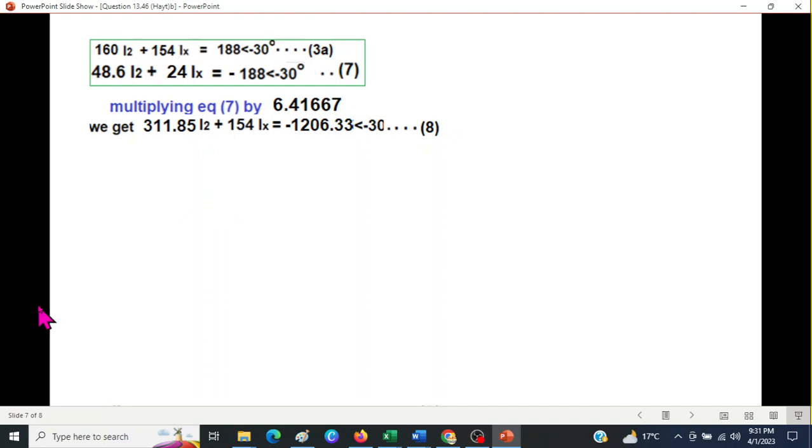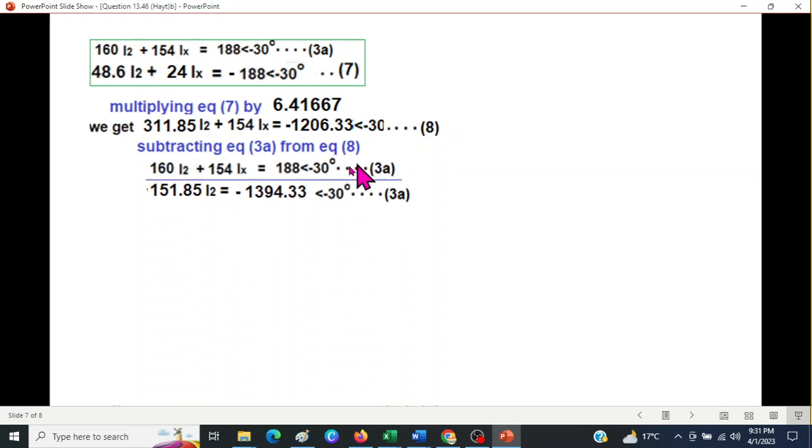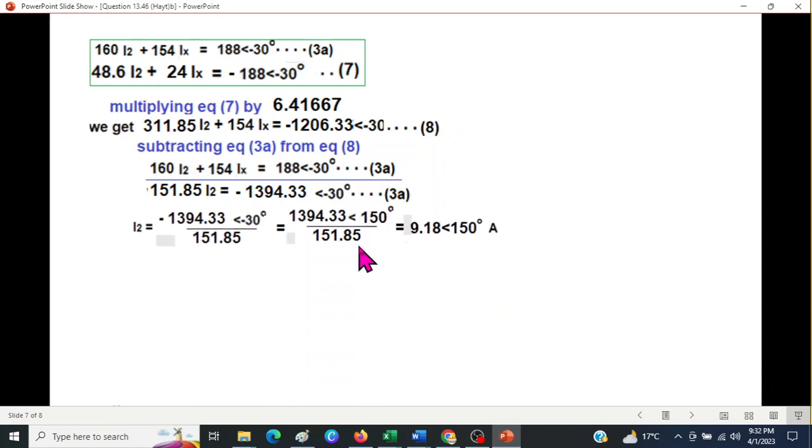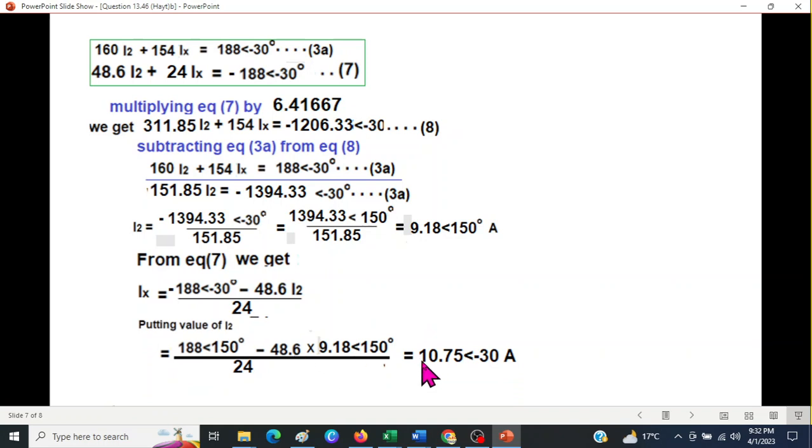Now subtracting, we get this new term. From here we find I2. Now that we know I2, we can find Ix. Putting in the value of I2, we get Ix to be 10.75 angle minus 30.